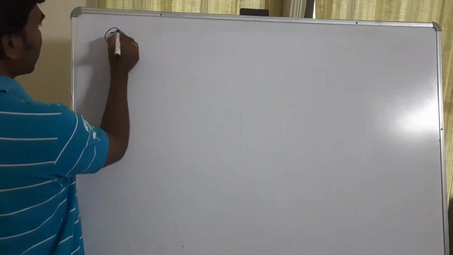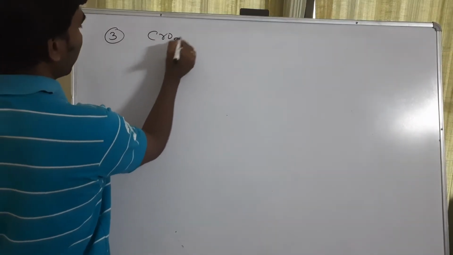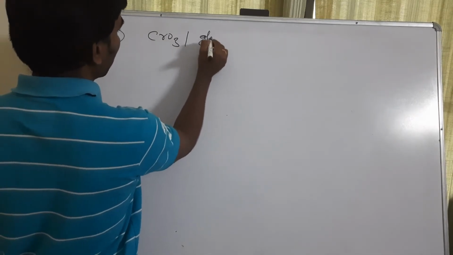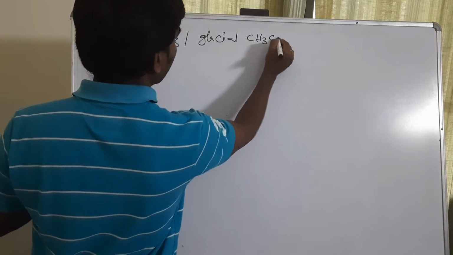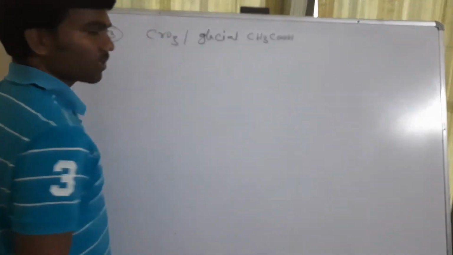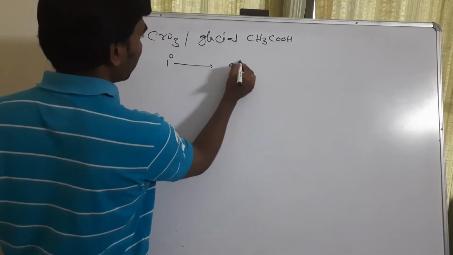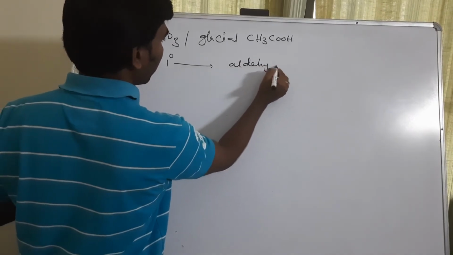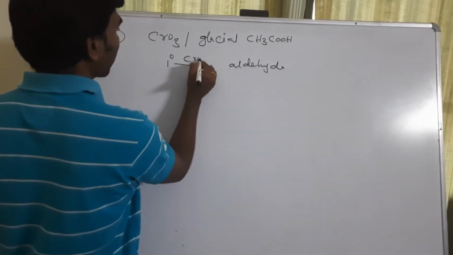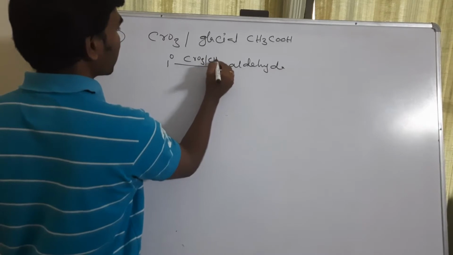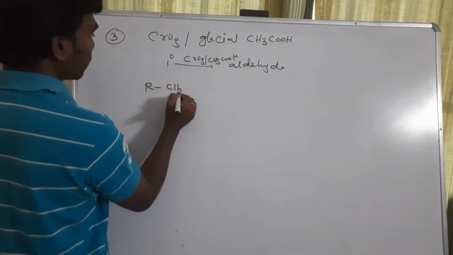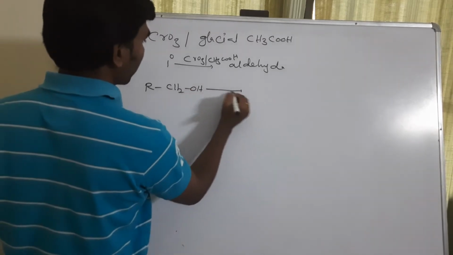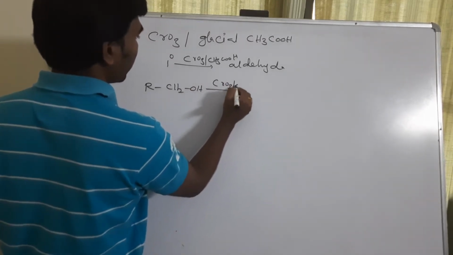The oxidizing agent is chromium trioxide in presence of glacial acetic acid, CH3COOH. This also will act as an oxidizing agent. Primary alcohol will give aldehyde. For this I am taking RCH2OH, with chromium trioxide and acetic acid.